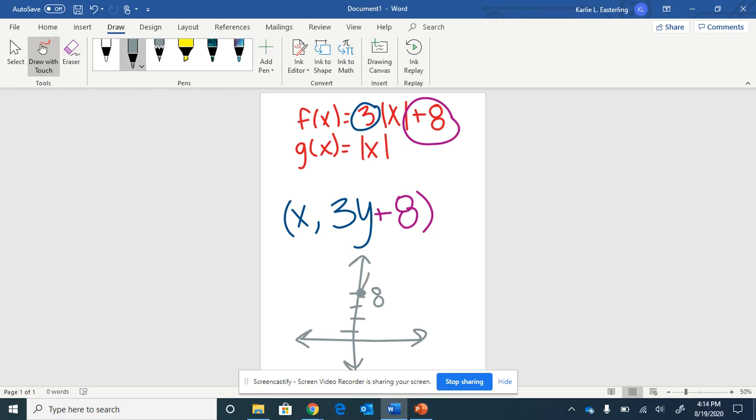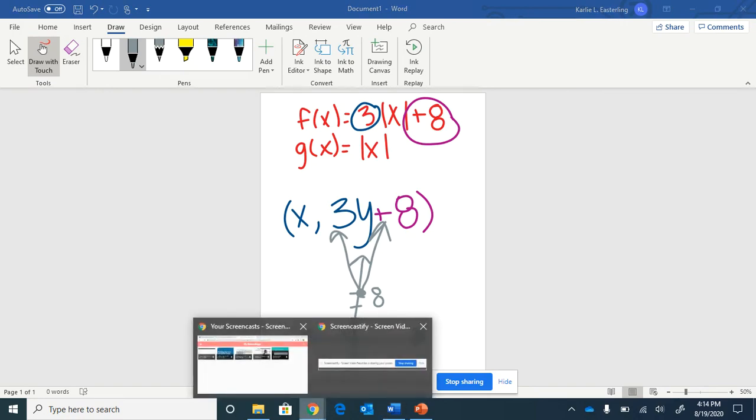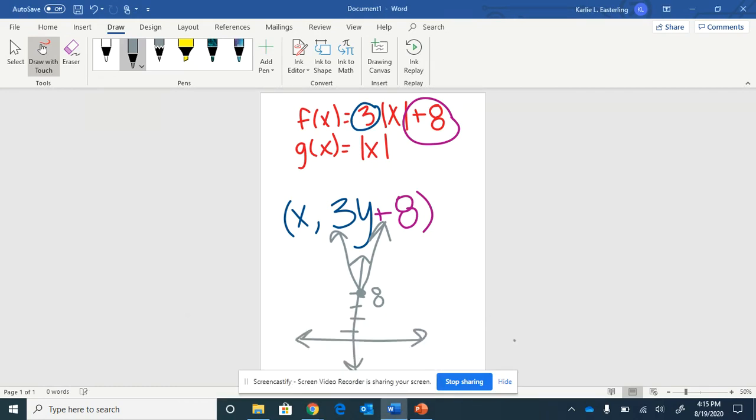Then I'm going to draw a very skinny V, because of that 3. We can even put this in Desmos, so if you have access, put it in Desmos or in your graphing calculator and look at these. Then it'll be even easier to sketch. So that is how your homework needs to be completed.